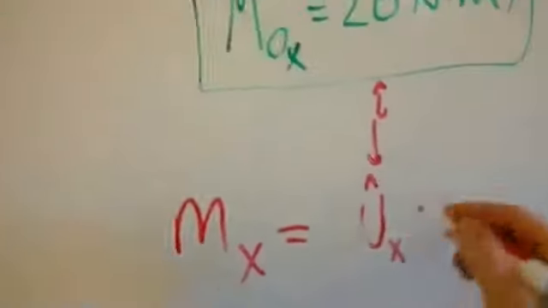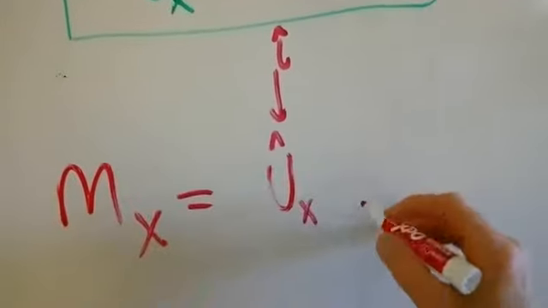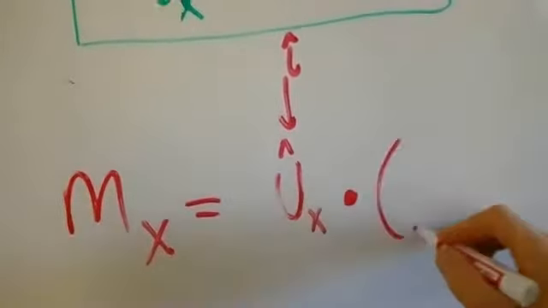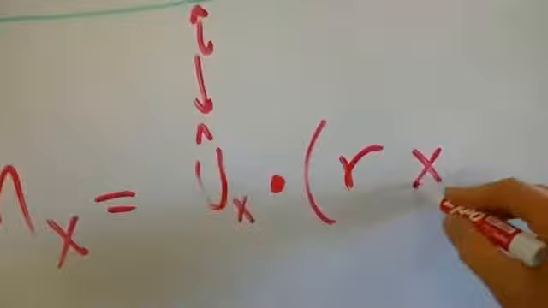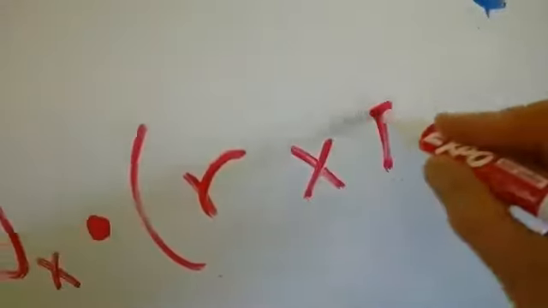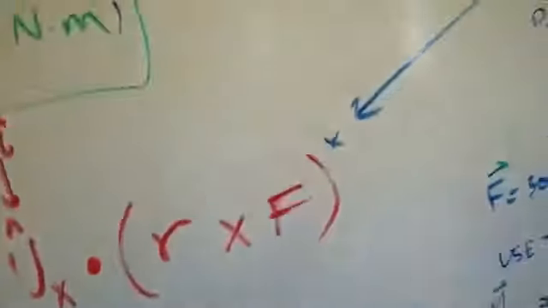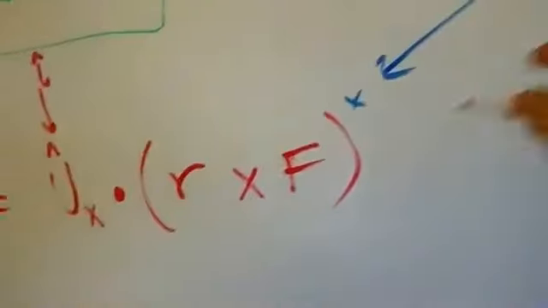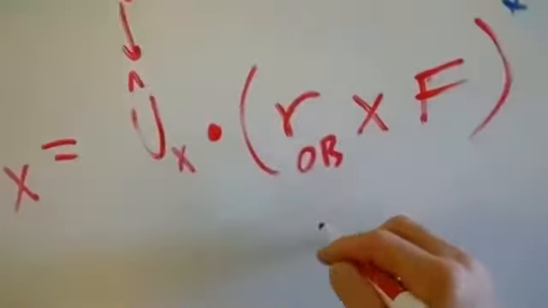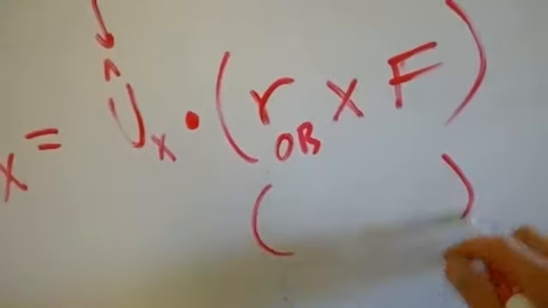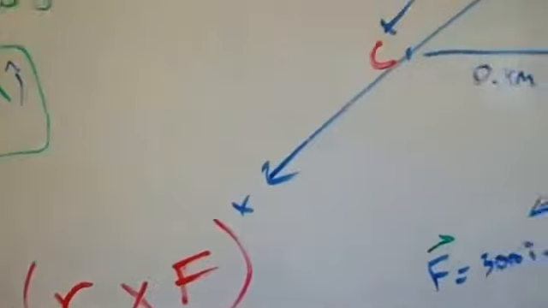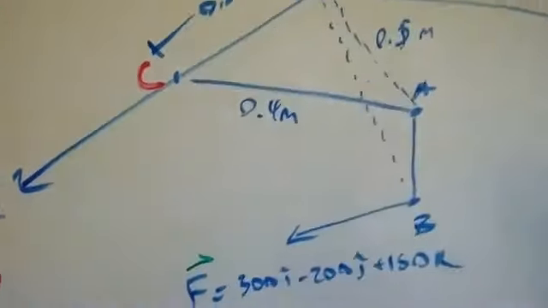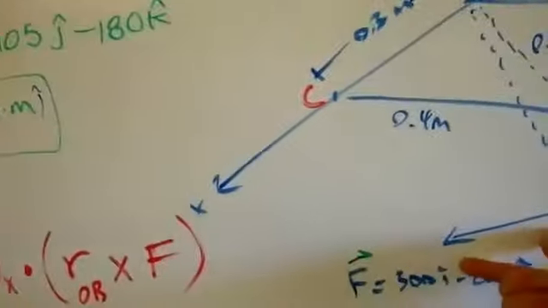So the moment about the axis can be the unit vector in that direction dotted with the cross product of r cross F. And the r could be r_OB, or, like if this is a point C here, it can't be OA because OA doesn't actually connect to the line of action of the force.